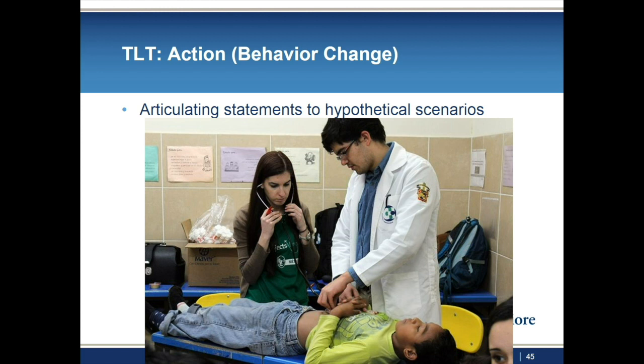So we practice articulating statements for hypothetical scenarios. I talk about scenarios, oftentimes from my real clinical experience, where either bias has been perceived or I've absolutely made an assumption and messed up, right? And we talk about that, and I'll be the attending in the scenario, of course.